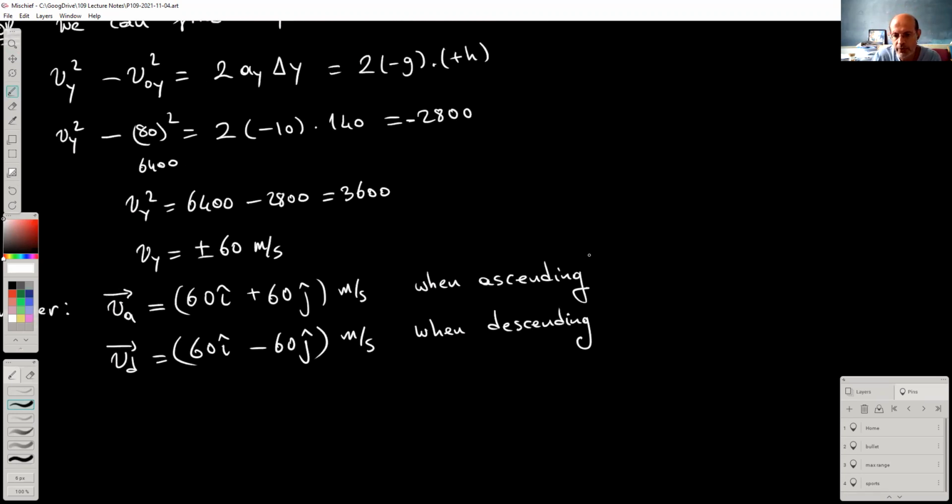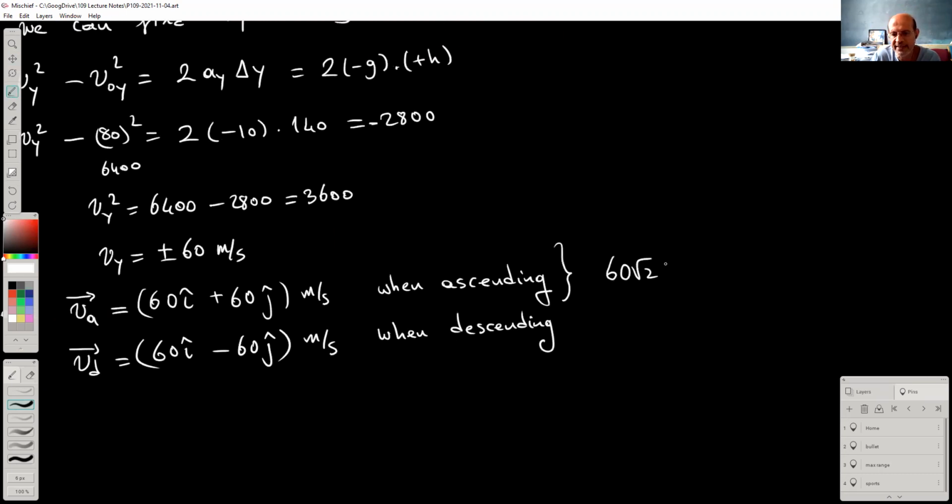There's another way of providing the same answer in here, for example. So you can provide the speed, which is 60 root 2. Let's just write down the exact answer in here, meters per second. But this is just the speed only. It's not the velocity. That's not the same thing as velocity.